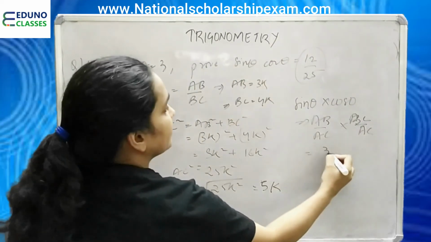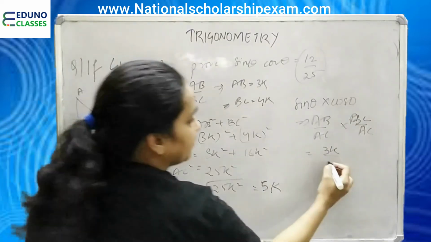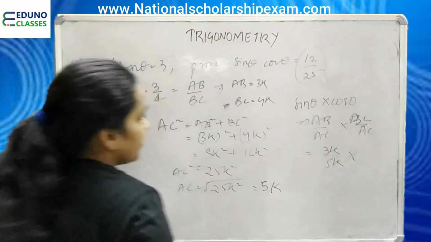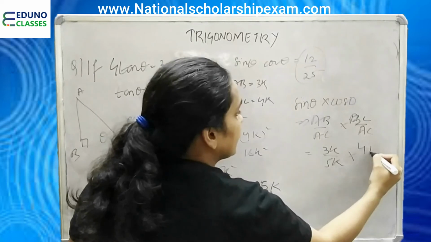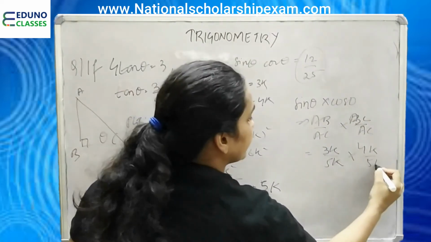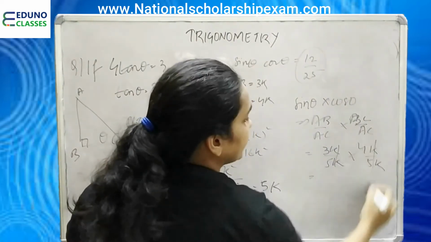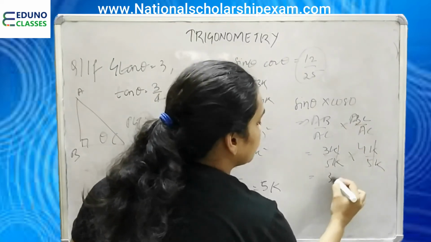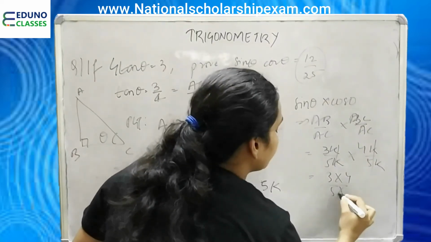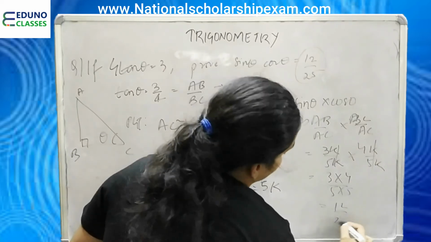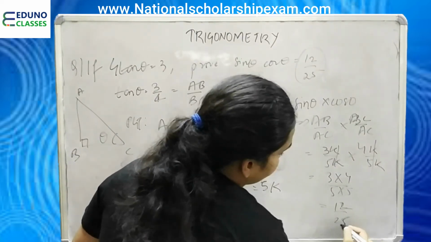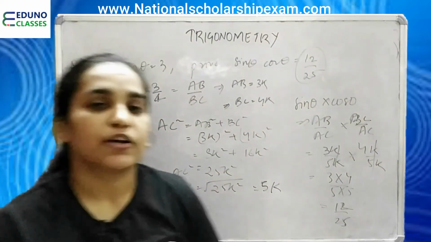AB is 3k, AC is 5k. BC is 4k, AC is 5k, k getting cancelled. You have 3 into 4 upon 5 into 5, 12 upon 25. This is how you prove these kind of questions.